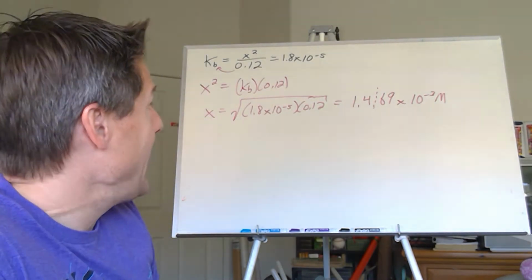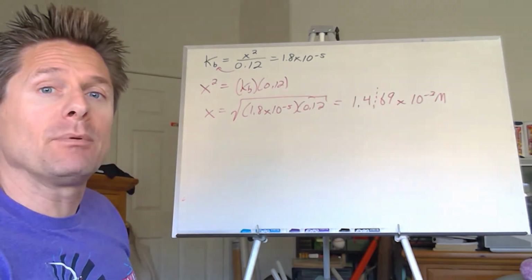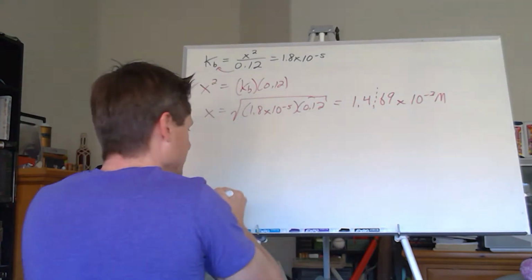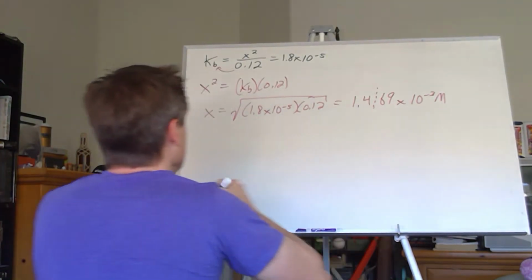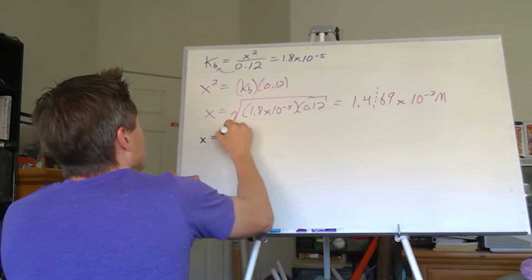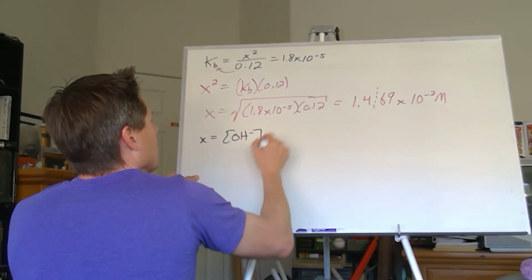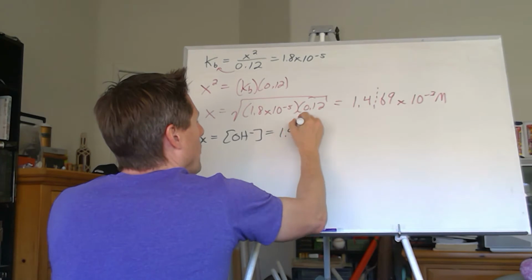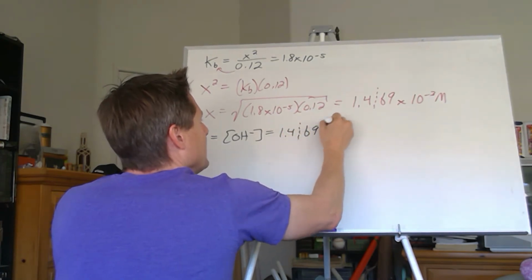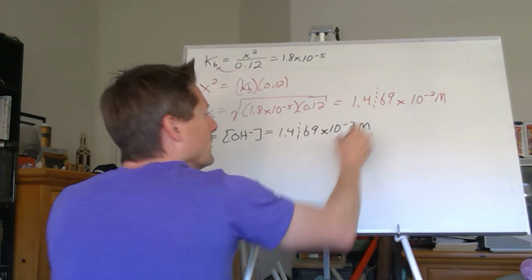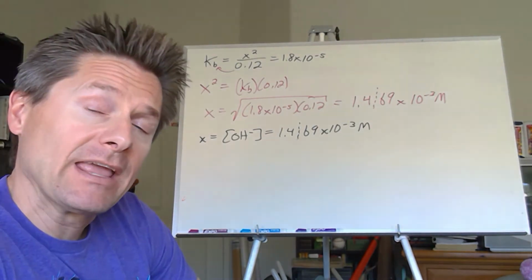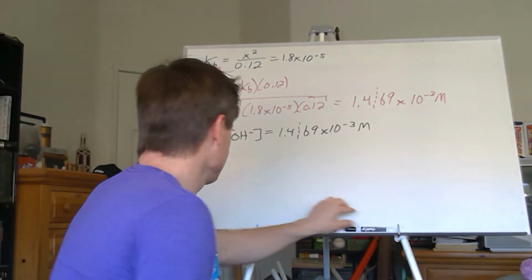If you look at X on our equilibrium table, it is the OH minus ion concentration. So X is the hydroxide ion concentration, right? That's 1.469 times 10 to the minus 3rd molar. So from that, I can get the pOH if I take the negative log of that and subtract it from 14.